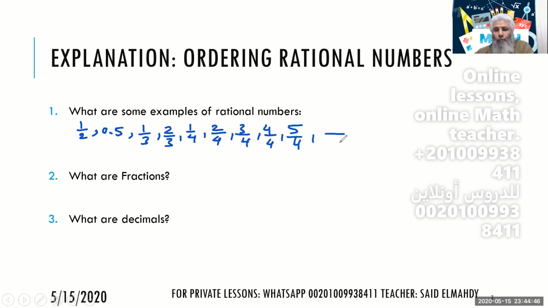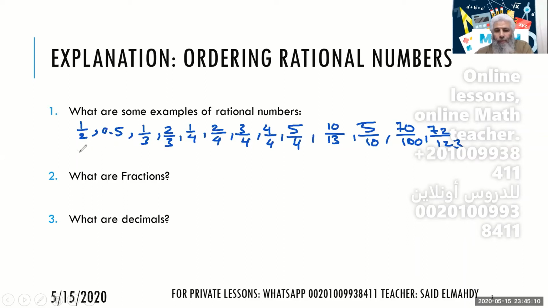Any two numbers in the numerator and in the denominator. This is a fraction, like 10 over 13, 5 over 10, 70 over 100, 72 over 123, any two numbers.